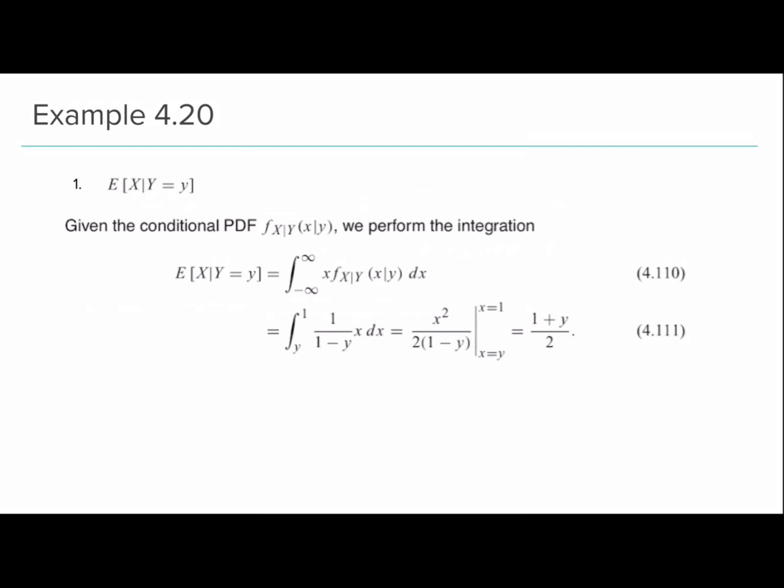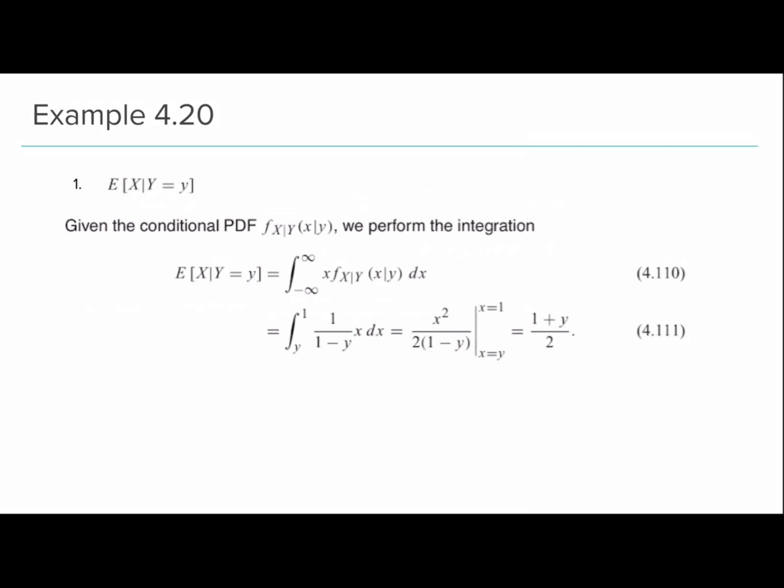And f of x given y we were given as 1 upon 1 minus y for the values of x ranging from y to 1. So the integral that we have here is 1 upon 1 minus y times x dx integrated over the interval y to 1, and upon integrating this we'll get x square upon 2 divided by 1 minus y, with limits y to 1, and the value that we get for this is basically (1 plus y) by 2.